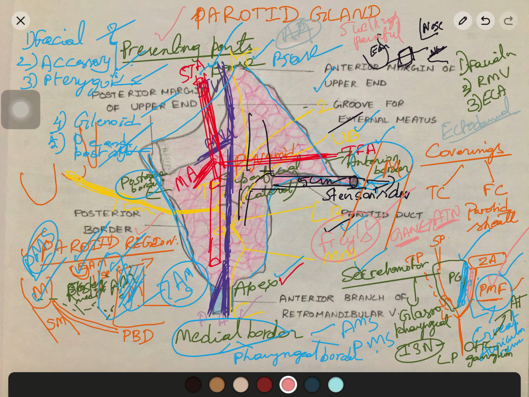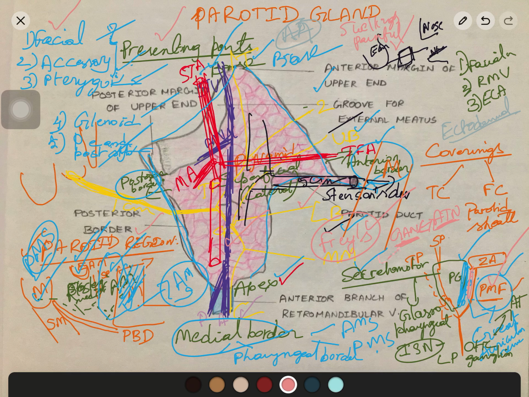So in this class we started with the boundaries of the parotid region. Then we saw the parts of the parotid gland in detail, structures inside the parotid gland, processes of the parotid gland, the arteries which supply it, the surface marking, and in detail the parotid duct and its surface marking, and also the secretomotor pathway, and we concluded with the applied anatomy of the parotid gland.